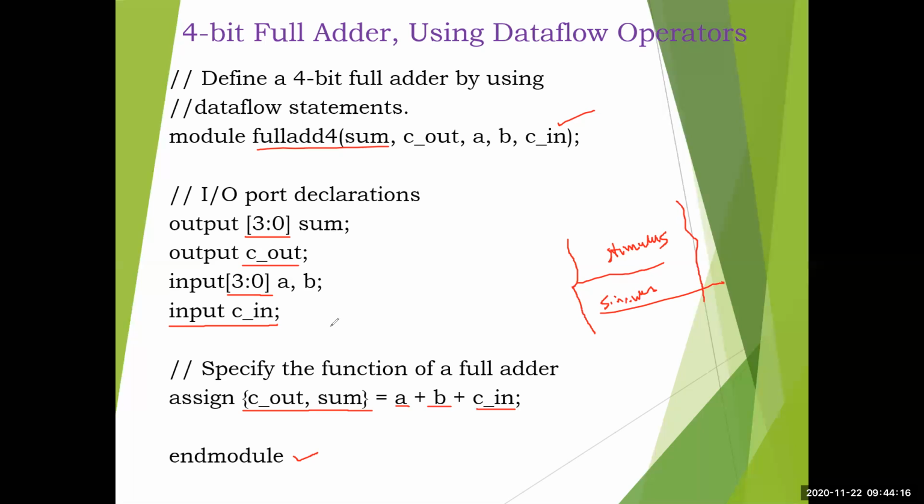Even multiple assignments can be written in a single line with comma operators, which I will explain in that example. In the previous examples, the 4:1 mux and this full adder, we used only one assign statement, which means it is a concise description in Verilog HDL. Hope it is clear.